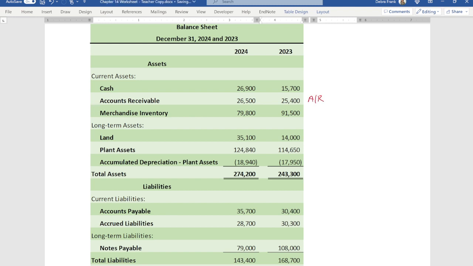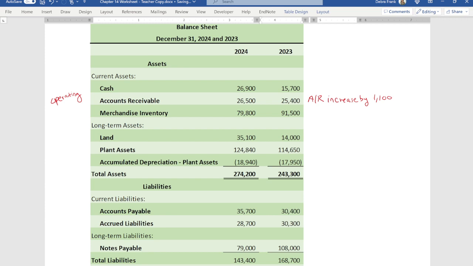So from 2023 to 2024, it went up. Okay. And so an analysis that I do, let's go ahead and just remind ourselves that this is operating for accounts receivable.